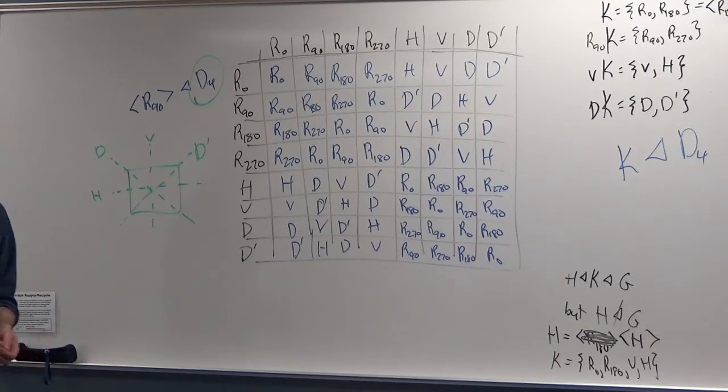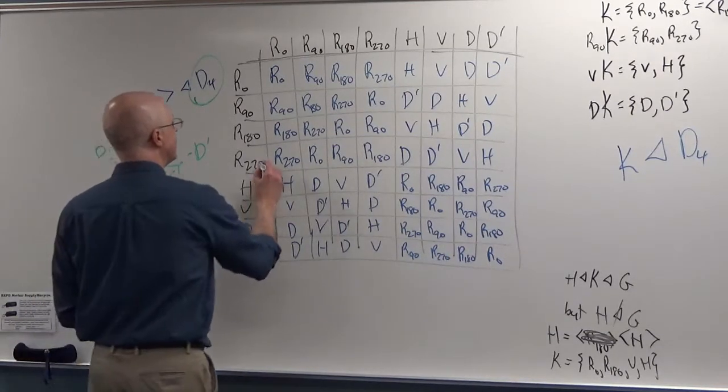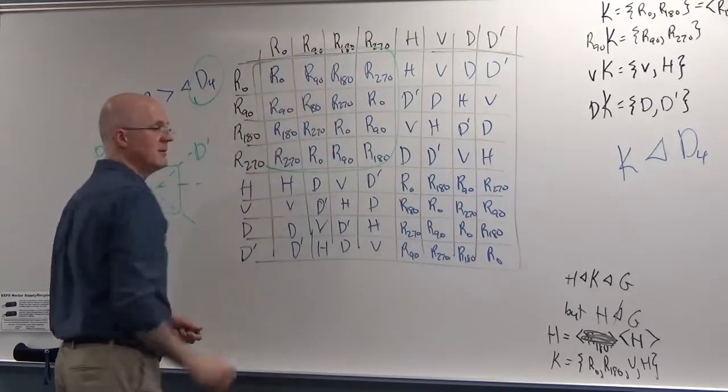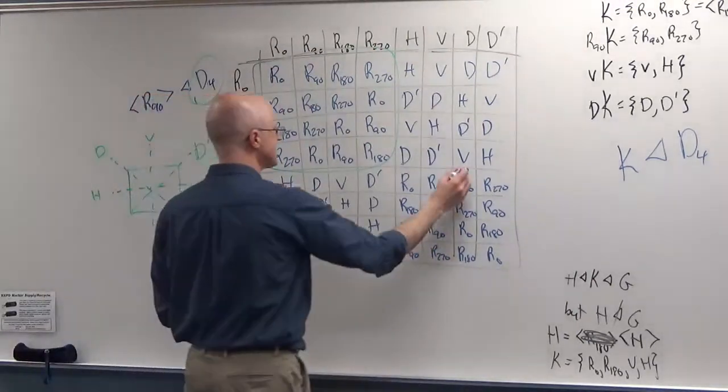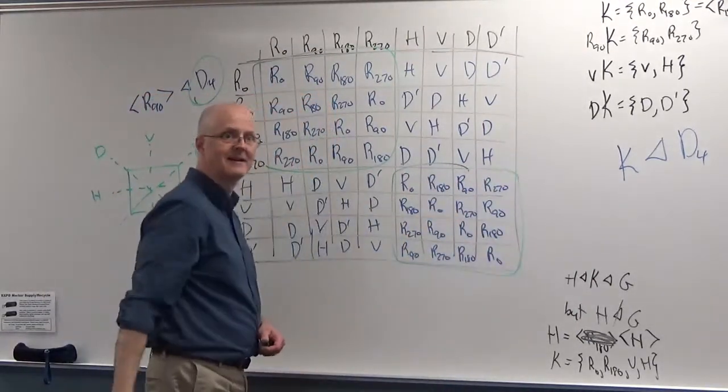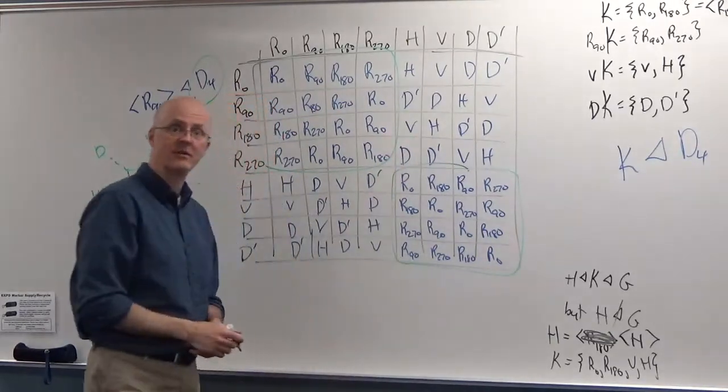Maybe something stood out to you about this in the past when you looked at this. Did you notice that this part contains only rotations, as does this part? And the other two parts contain only reflections.